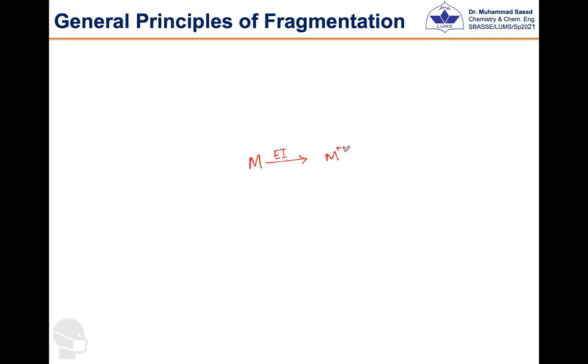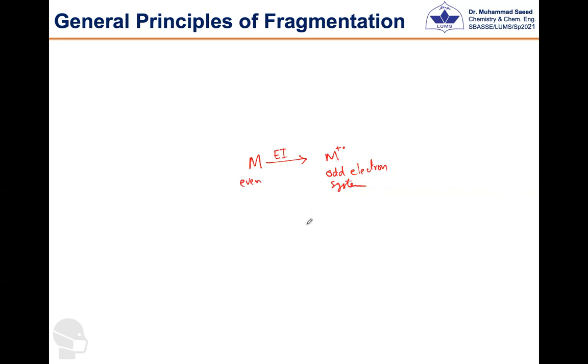This small dot indicates that the electrons in this molecule are not in even number, they are in odd number. So we call this ion an odd electron system. Okay, so this original species was even electron.